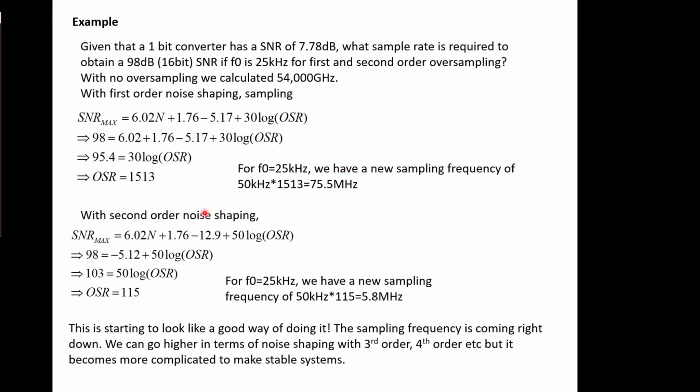If you then go to second order noise shaping, which is obviously a little bit more complicated in terms of the modulator function, then the oversampling rate only has to become 115, and for the same frequency width of message, we now only have to sample at 5.8 megahertz, which is starting to get quite attractive. You can go higher. People will investigate third, fourth, fifth order. People have gone much higher than that, but it starts to become a bit tricky to guarantee stability of such systems, and quite often you don't really need to go that far.